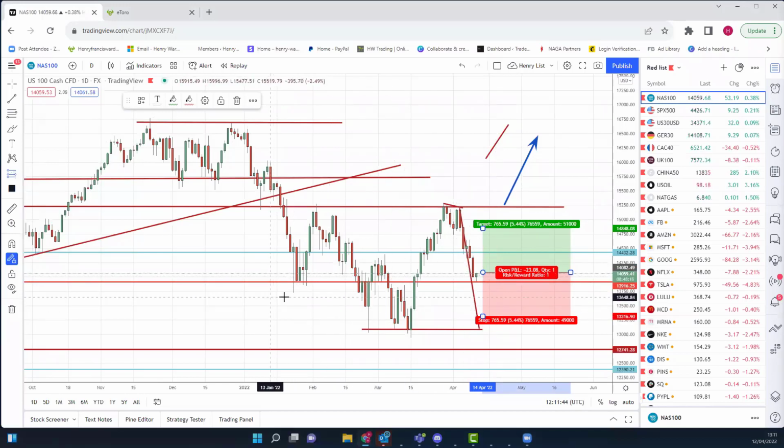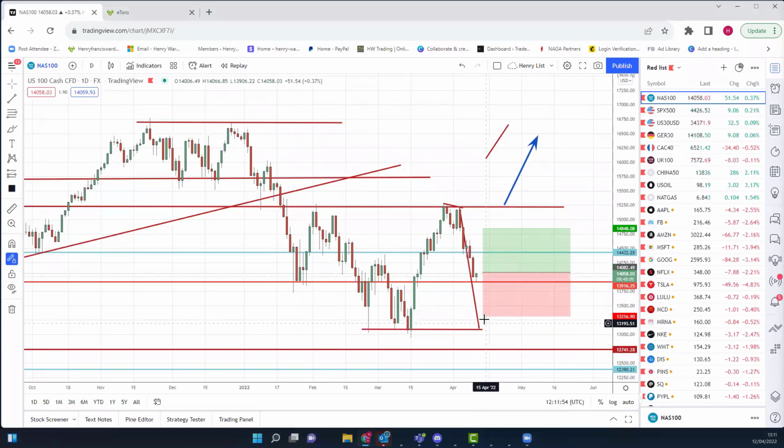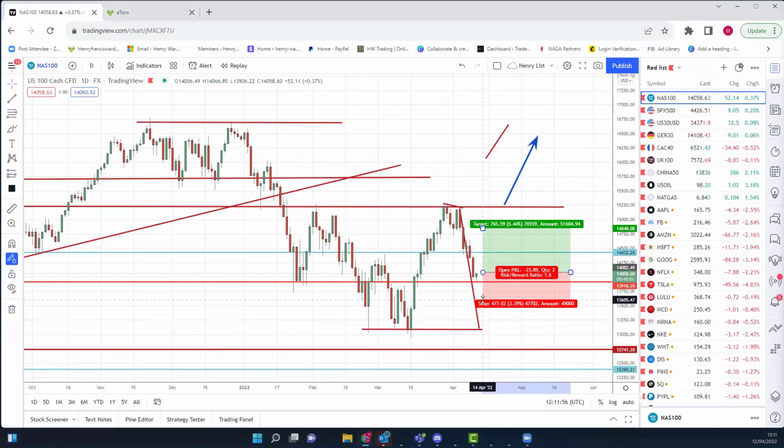Our stop loss would go above this floor here. So see this wick? It would go above that wick. So we're about there somewhere. See my dotted line? It's just above that wick.